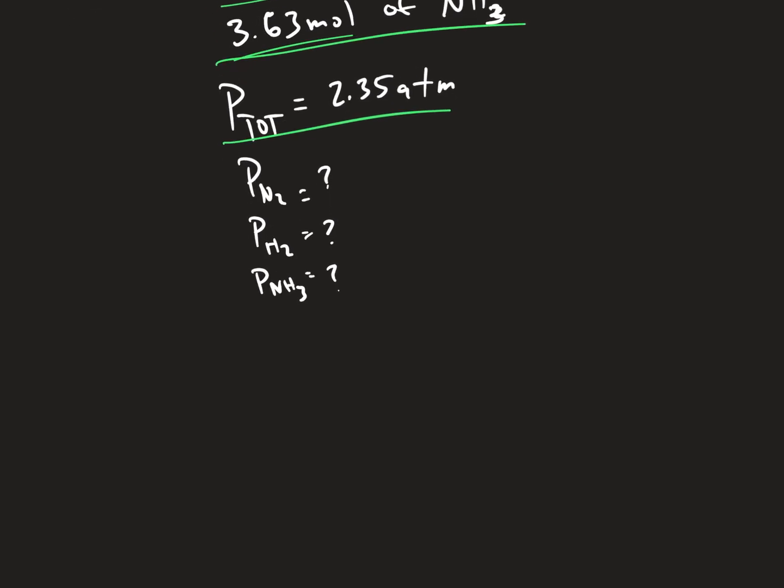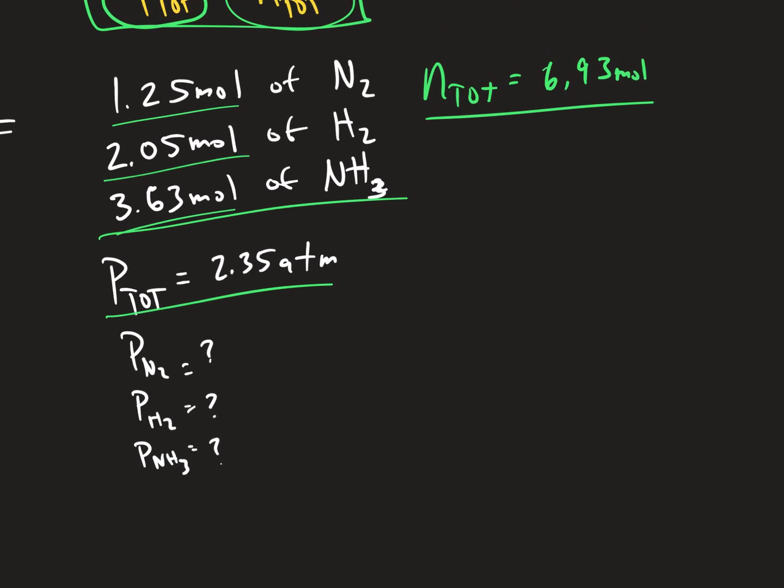So we know our equation is P_A over P_total equals n_A over n_total, right? So let's solve for this, because that's what we're looking for, yeah? The partial pressure of each one. So let's multiply both sides by total pressure.